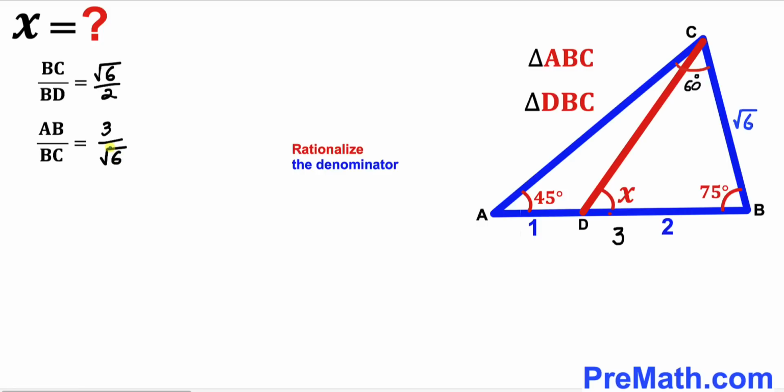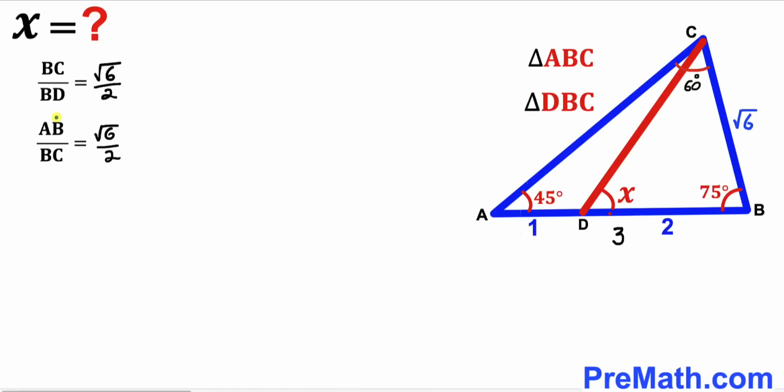And now we are going to rationalize this denominator. So therefore, we are going to multiply and divide by square root of 6 at the very same time. And now we can see square root of 6 times square root of 6 is going to give us simply 6. So therefore, we are going to have 3 times square root of 6 divided by 6. And if we reduce this, that is going to give us square root of 6 divided by 2.